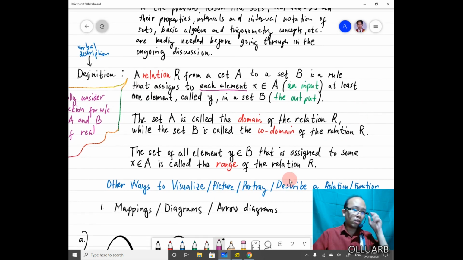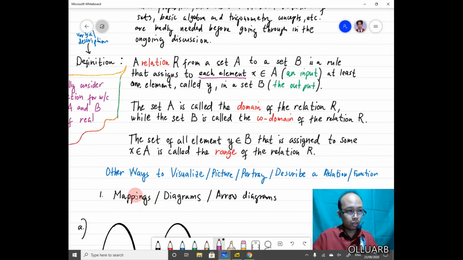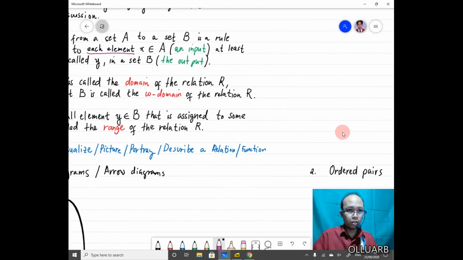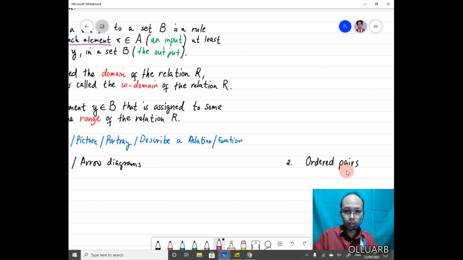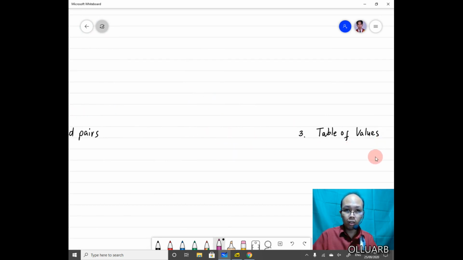We can look into other ways of visualizing a relation by using diagrams, mappings, or arrow diagrams. You can also describe it using ordered pairs. You can also describe it using a table of values.